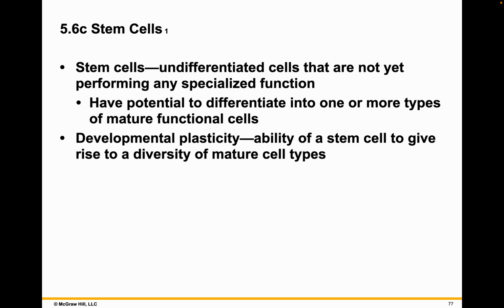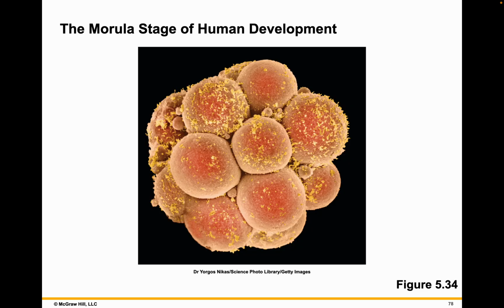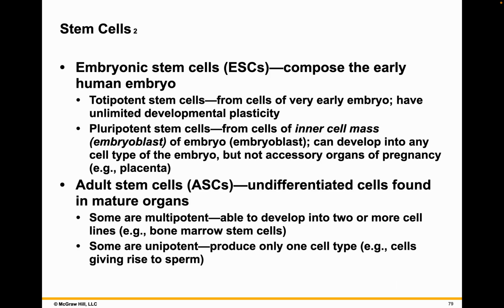Stem cells are undifferentiated cells that are not yet performing any specialized function. They have the potential to differentiate into one or more types of mature functional cells. There is developmental plasticity, which is the ability of a stem cell to give rise to a diversity of mature cell types. They are isolated from the morula stage of human development, or embryonic stem cells.